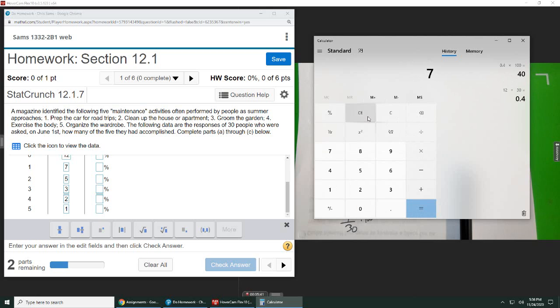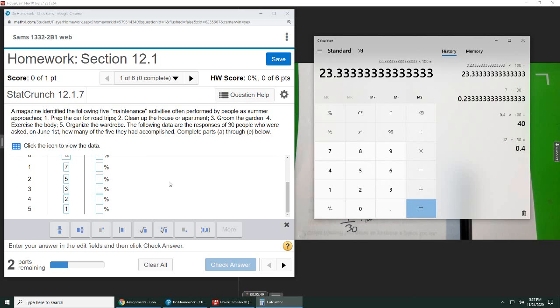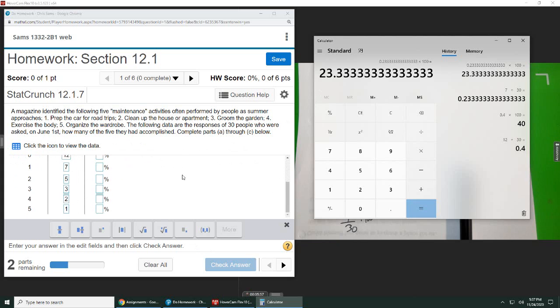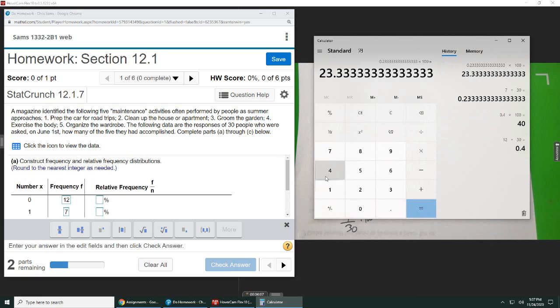All right, 7 divided by 30 times 100. 23.3. Now what does it say to round to? Round to the nearest integer, so nearest whole number? So we're going to round to about 23% here.